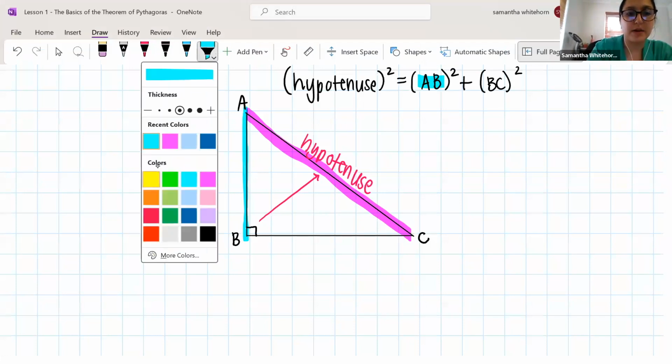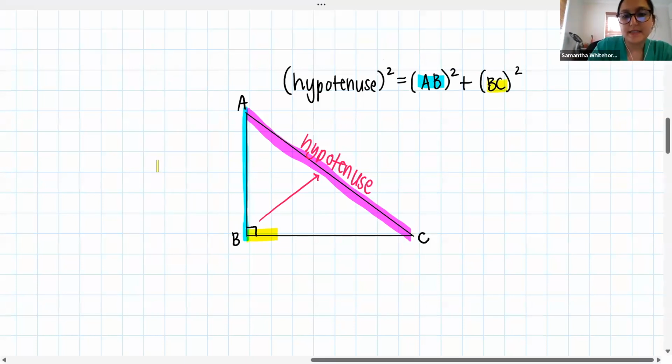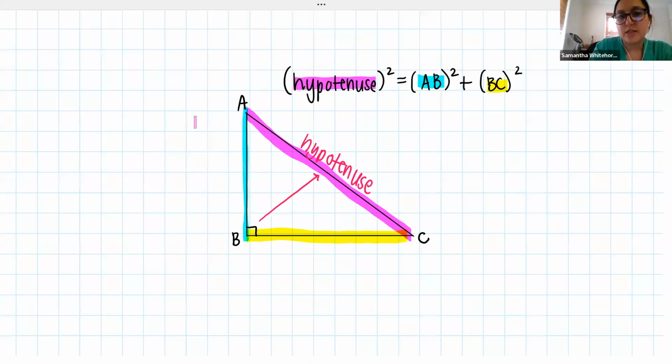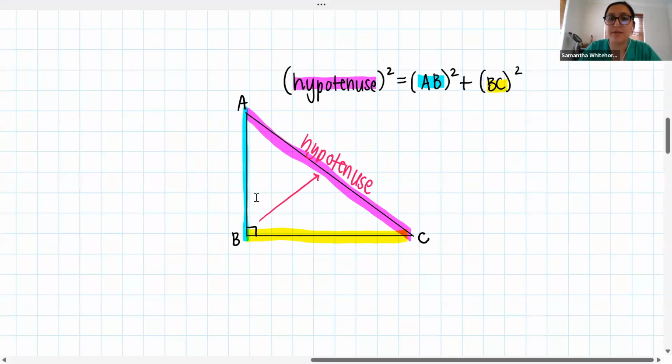And this is what Pythagoras says to me. It says that I can take two sides in my triangle and I can use them to work out my third side. That is what Pythagoras is.